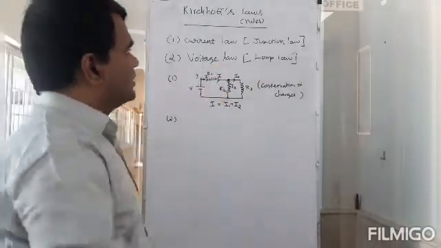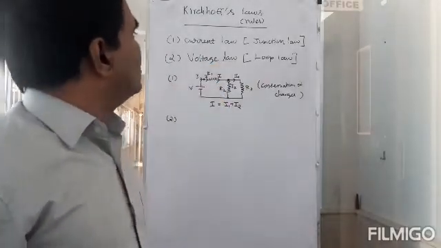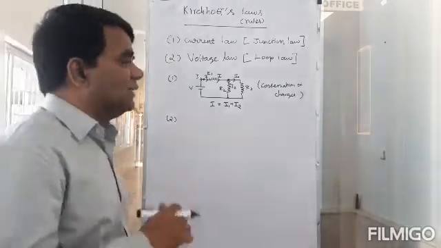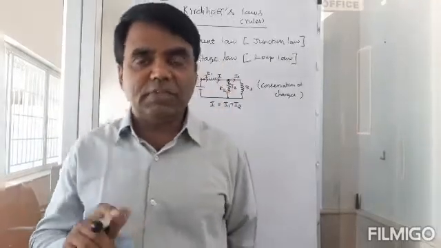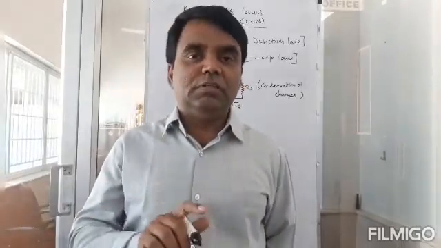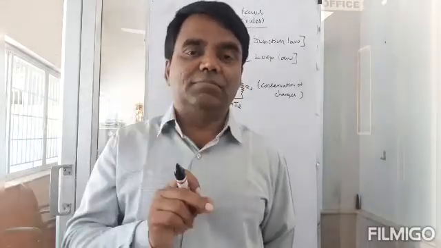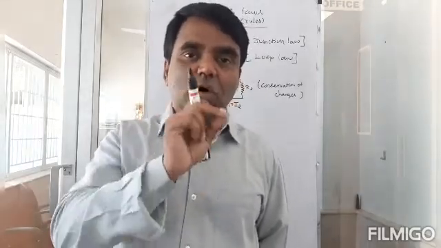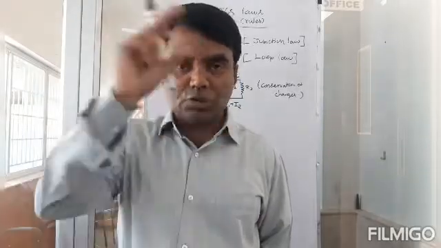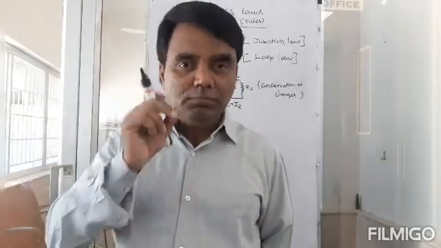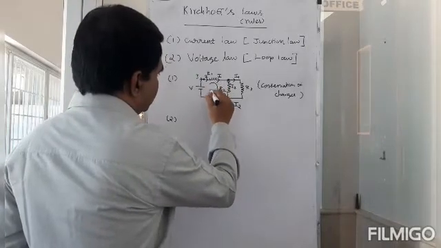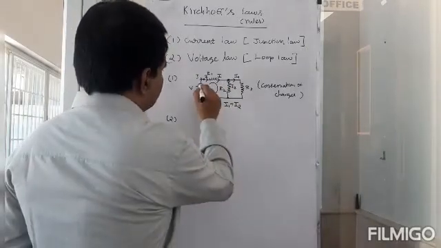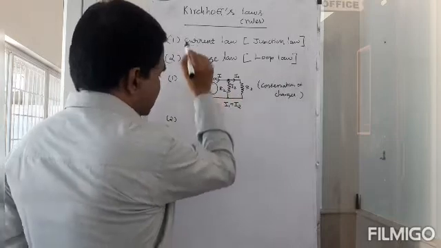The second one is the voltage law. What does it say? It says that in a circuit, in a closed loop, the algebraic sum of all the potential differences in the closed loop must be equal to 0. Okay. Suppose, let me take this loop. So this is a closed loop. I start from here and then I come back to the same point.